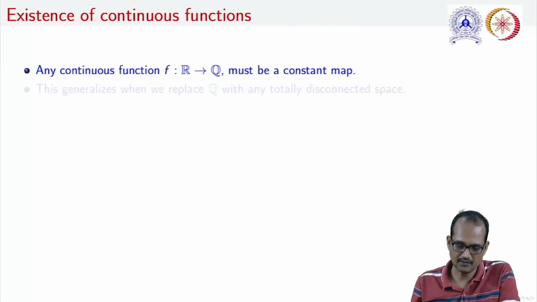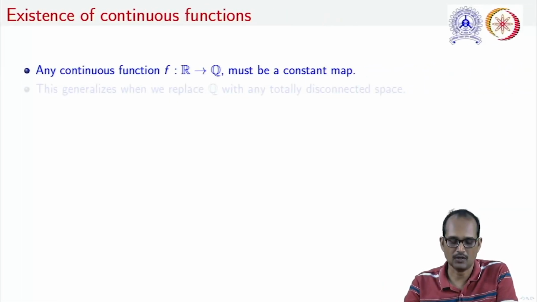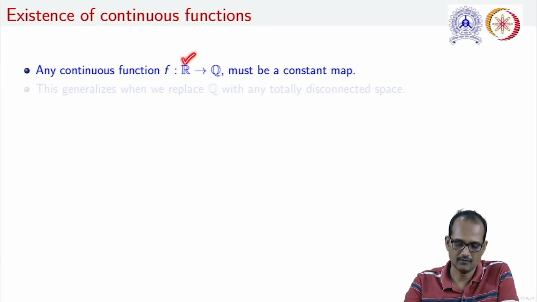Having this idea, begin with this example, which is: any continuous function f from R to Q must be a constant function. It means that we cannot construct any non-constant continuous function from the set of reals to the set of rational numbers.